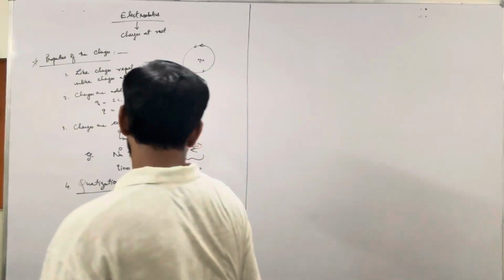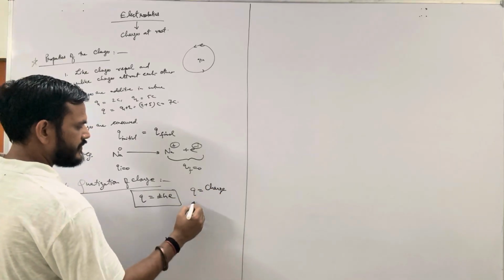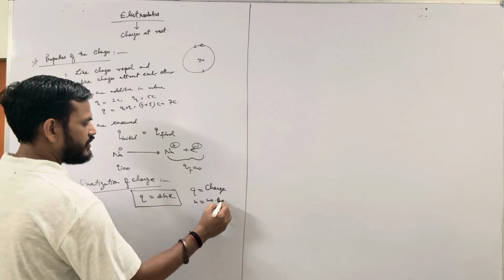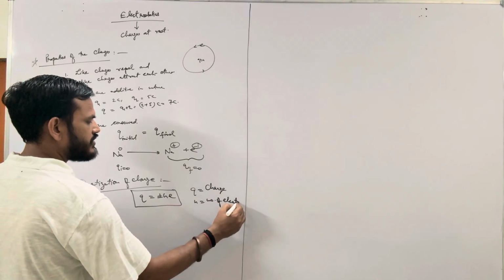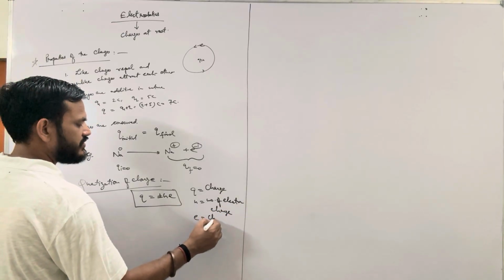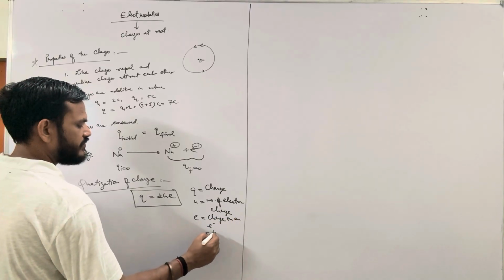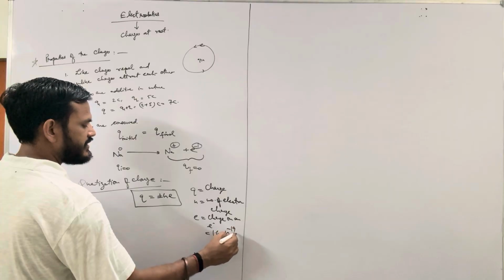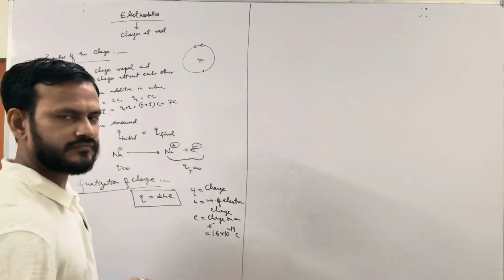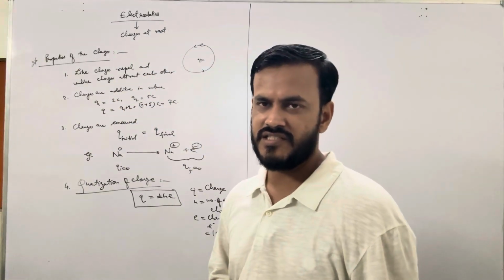Here Q is charge, N is the number of electron charges, and e is the charge on an electron, which is 1.6 into 10 to the power minus 19 coulomb. So these are the four properties which charges follow.